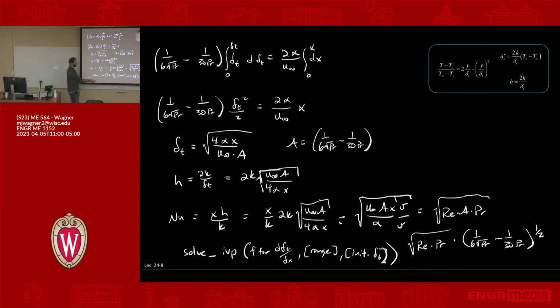So if you pass 0 as your initial delta t, it will complain. What you need to do then is solve_ivp, give it the function, start at a position that's not 0 but close to 0, and start with an initial thickness that's not 0 but very, very close to 0.